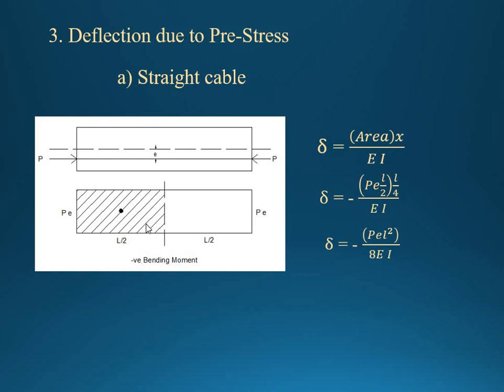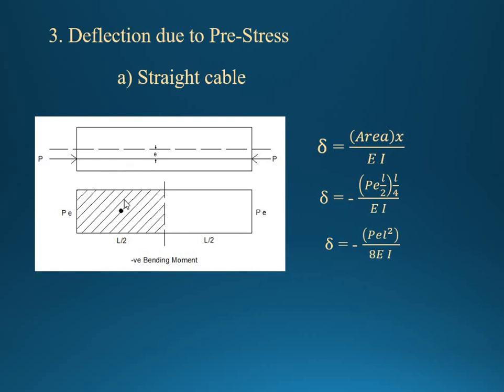Why it is a negative bending moment: first of all, when ends are cut, this cable tries to hog. As the case is hogging, the bending moment is represented by a negative sign, and as the cable is present below the neutral axis, the sign convention is negative.